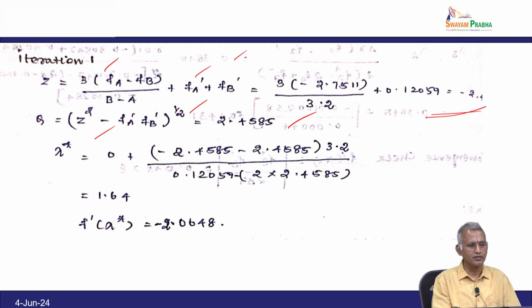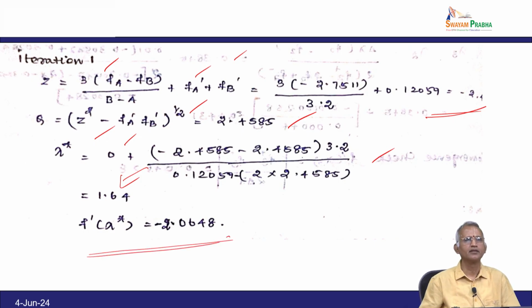Therefore, lambda star equal to 0 plus (minus 2.4585 minus 2.4585) into 3.2 divided by 0.12059 into 2 into 2.4585. So, which is equal to 1.64. Therefore, f dash of lambda star is equal to minus 2.0648.